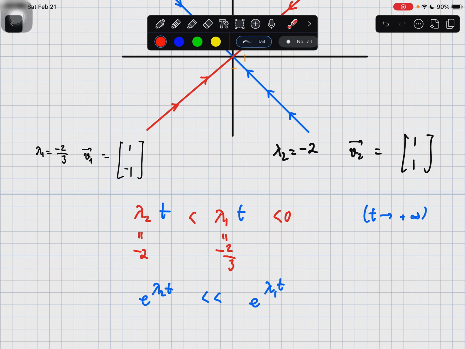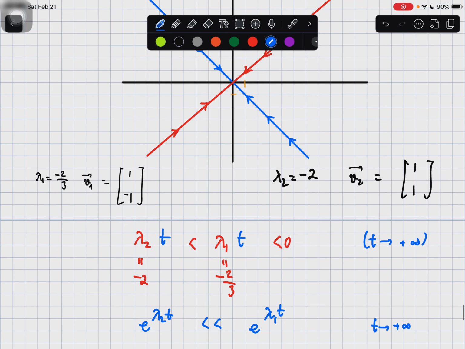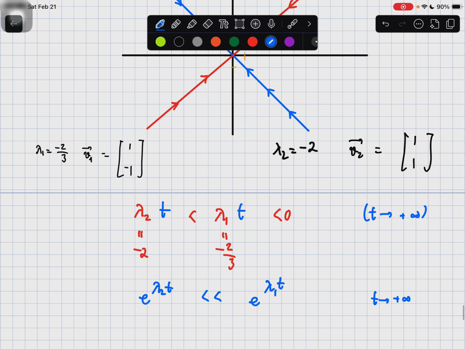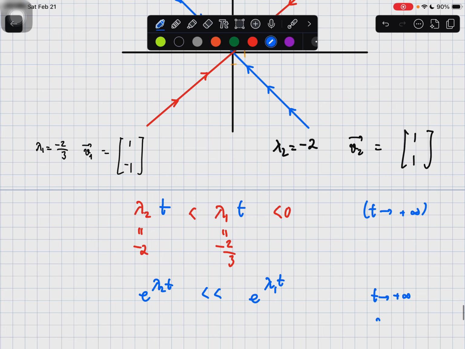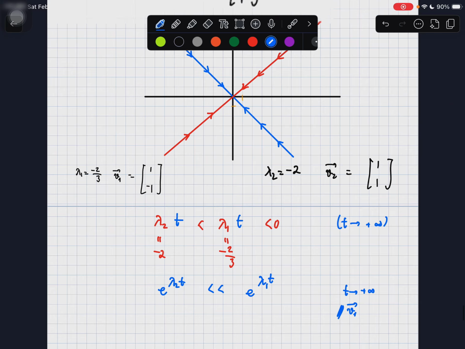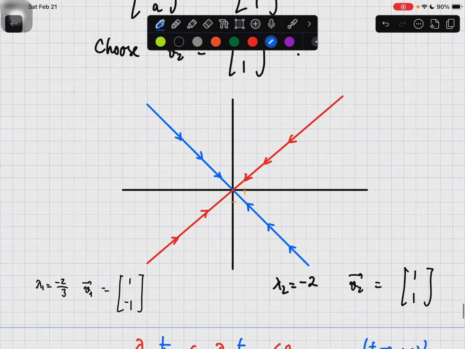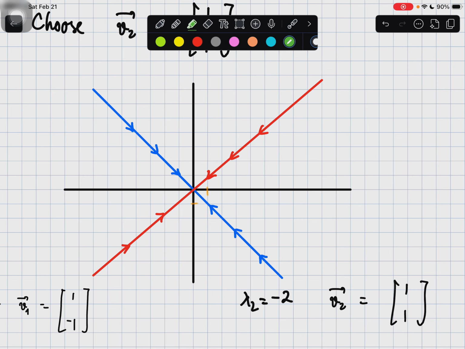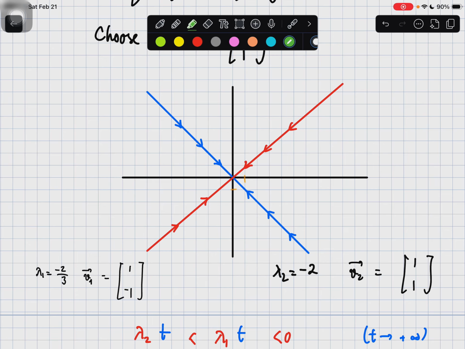When t tends to infinity, it is following v1. So the pictures would be: v1 is 1, minus 1, the blue one, and v2 is the red one.